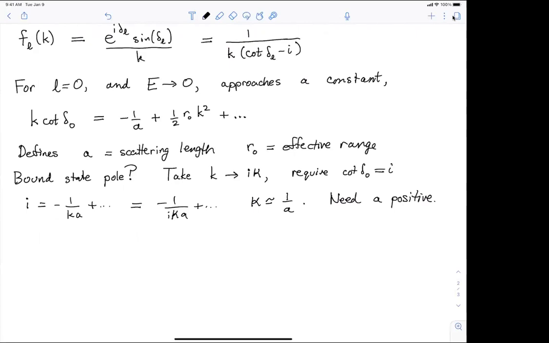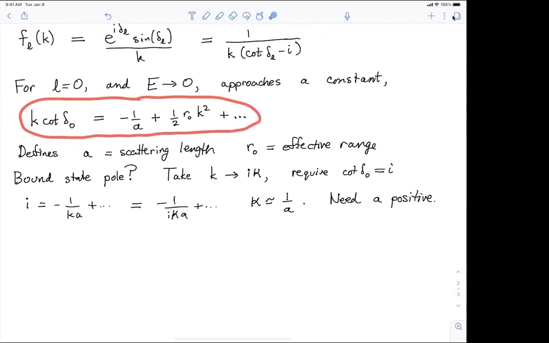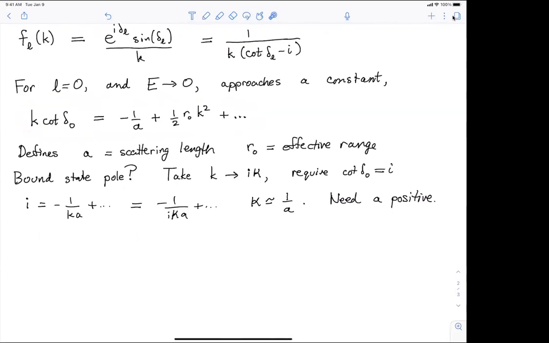Okay, so again, the scattering length is just, in your problem, you solve for cotangent delta 0, you expand in small k, you should find it has this form. And when it does, you pick out this first coefficient. If that coefficient is negative, that means a is positive. And if a is positive, then kappa is 1 over a. So how do we know that has to be positive?